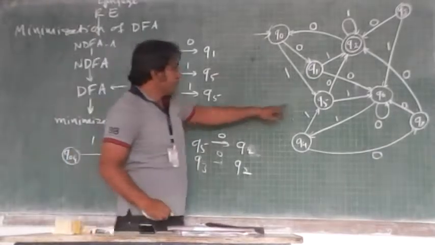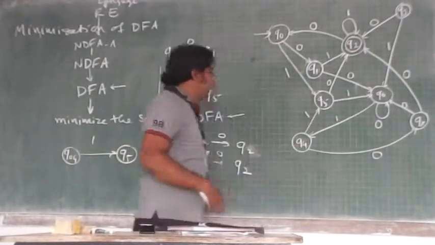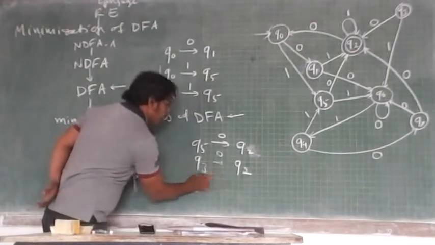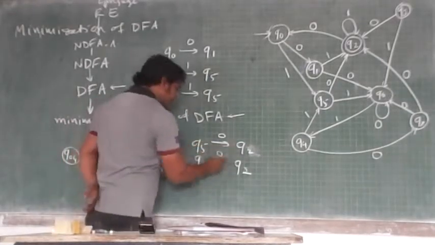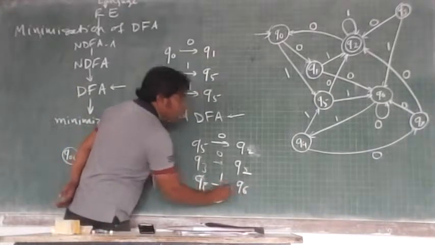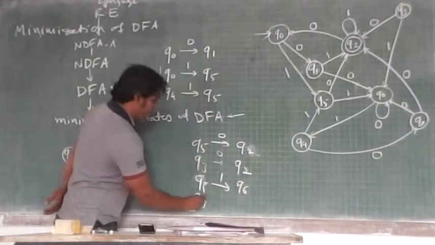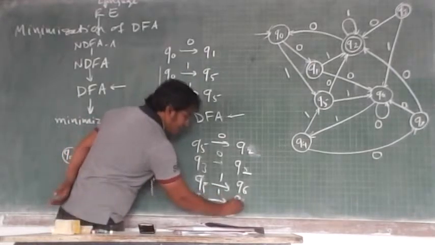For 1, from Q5 I come to Q6, and from Q3 for 1, again I come to Q6.